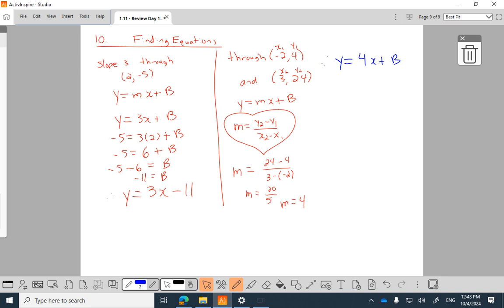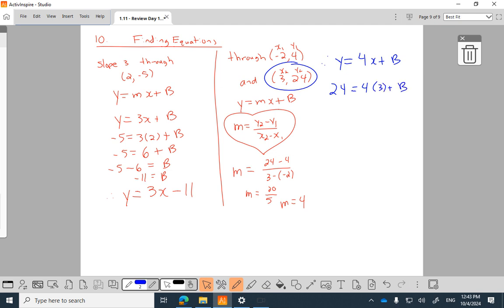You interpret the x1, y1? Yeah, either one. Which numbers are easy? You want to use negative 2 and 4, or you want to use 3 and 24? You get to choose. You get the same answer either way. So if negatives drive you nuts, maybe you want to choose points that are all positives, right? 24 equals 4 times 3 plus b.